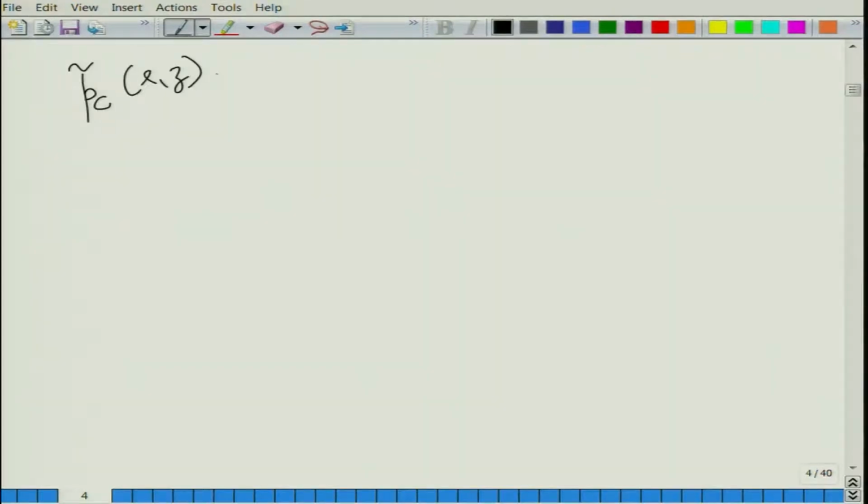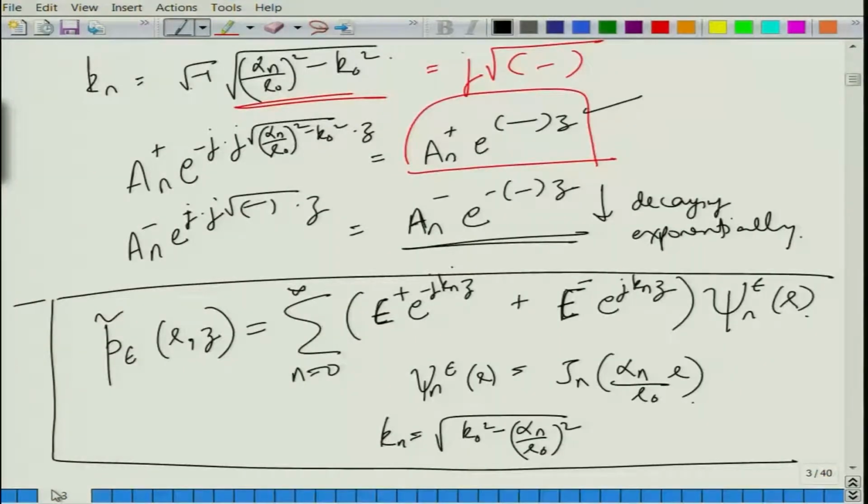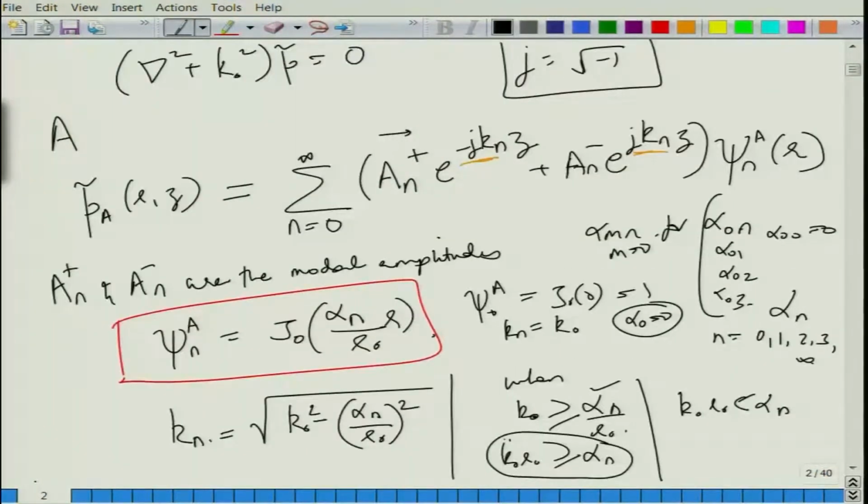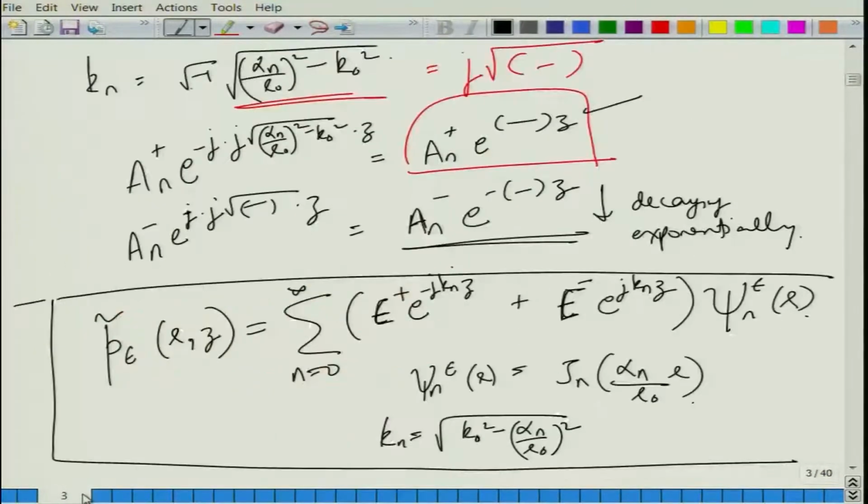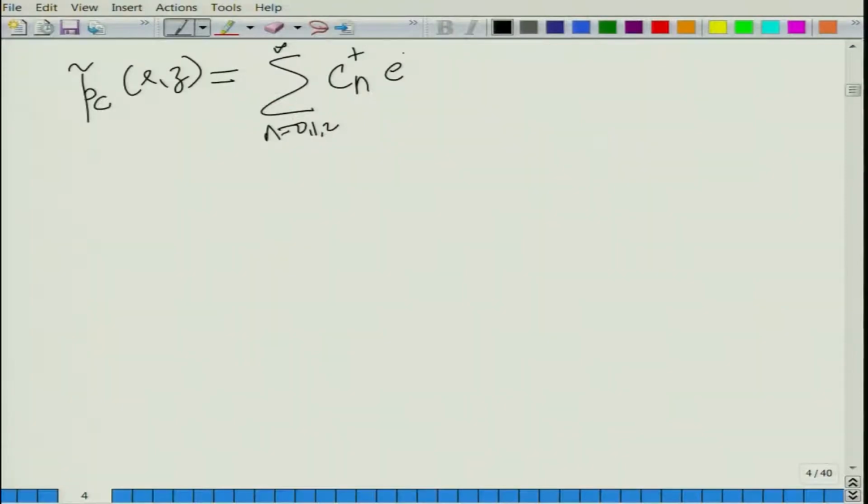P(R, z) equal to, this is also the same, except that n is equal to 0 to infinity, 1 to C1 plus, and what was it? Yes, this was n here, n minus j k_n.